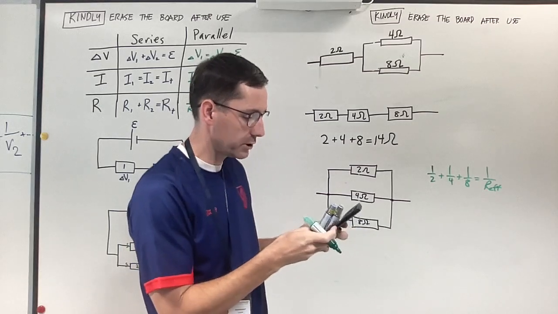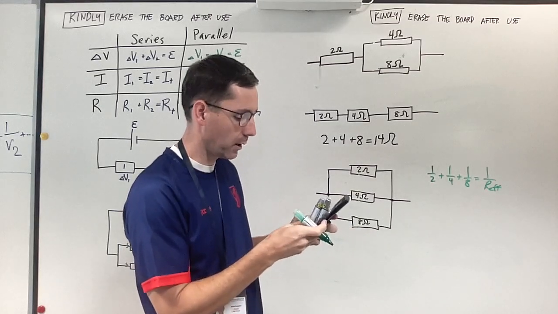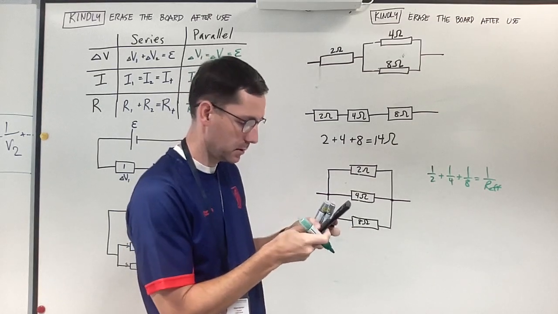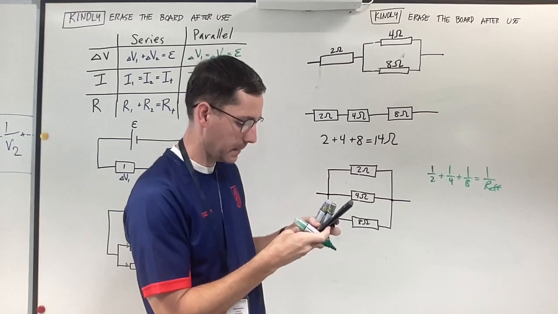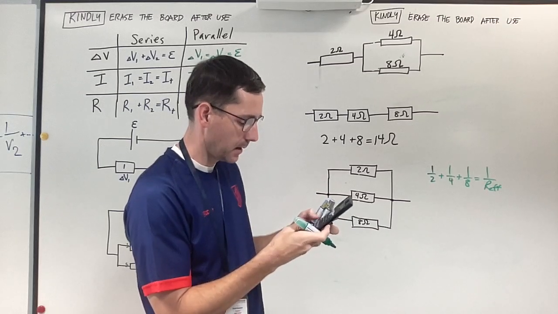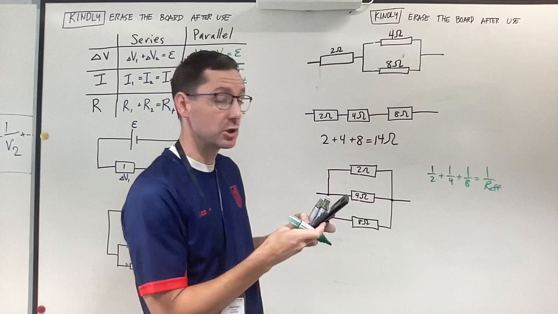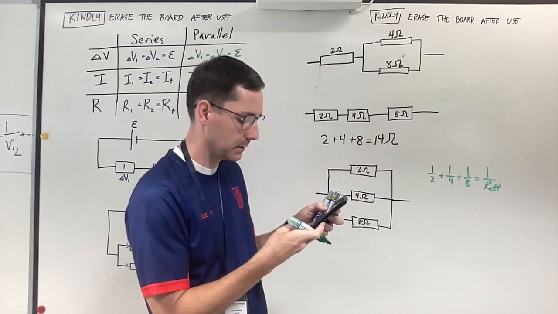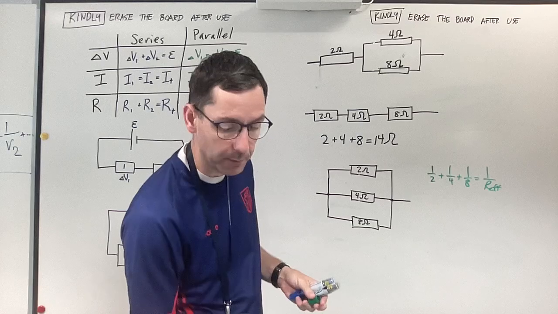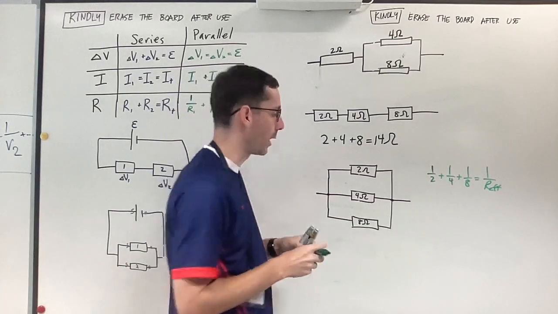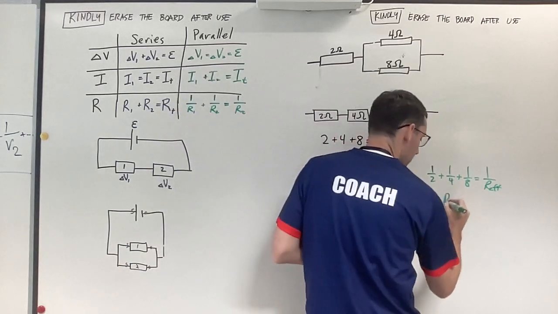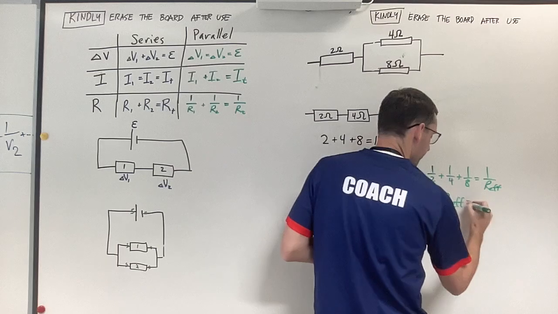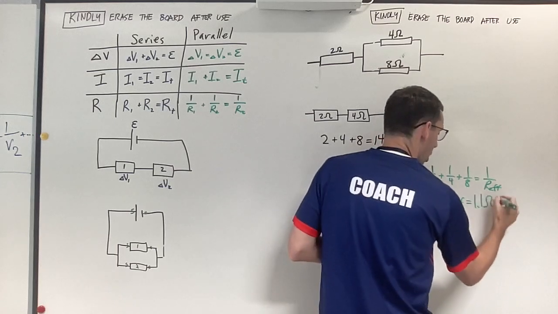So 1 over 2 plus 1 over 4 plus 1 over 8. And then remember, that gives you 1 over the effective resistance. So I'm going to do 1 over that, which gives me 1.14, so about 1.1 ohms.